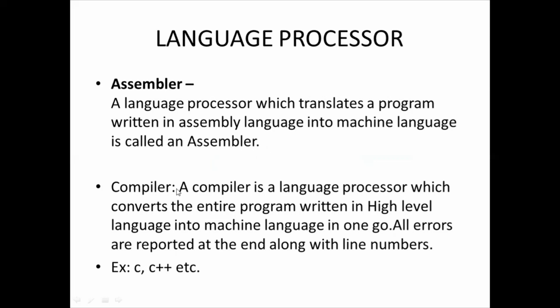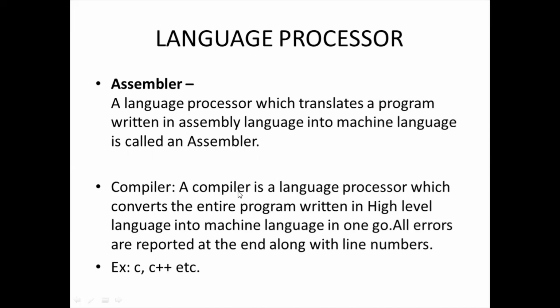Then comes our compiler. A compiler is a language processor which converts the entire program written in high level language into machine language in one go. All errors are reported at the end along with the line numbers. So the compiler's work is to translate the whole program at one time, in one shot. If 10 lines of program are there, all the 10 lines will be translated and given at a time.